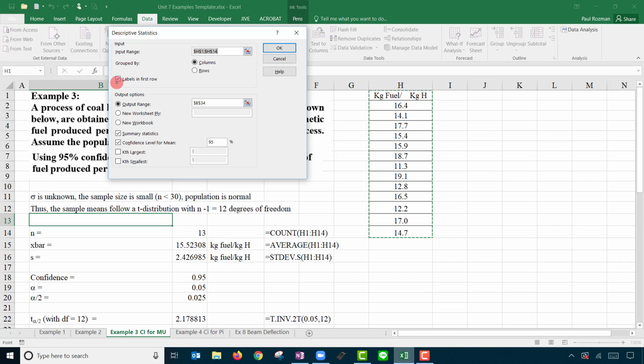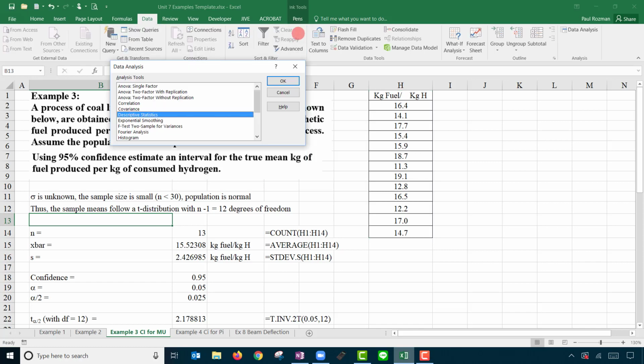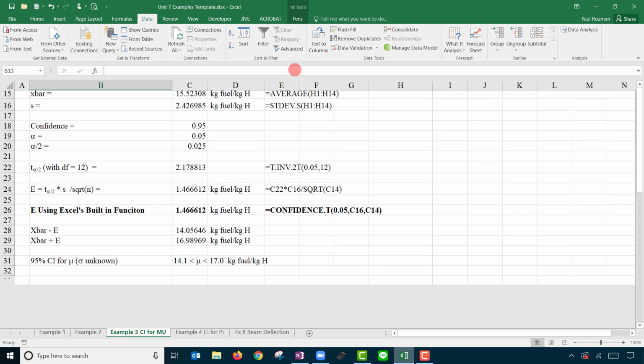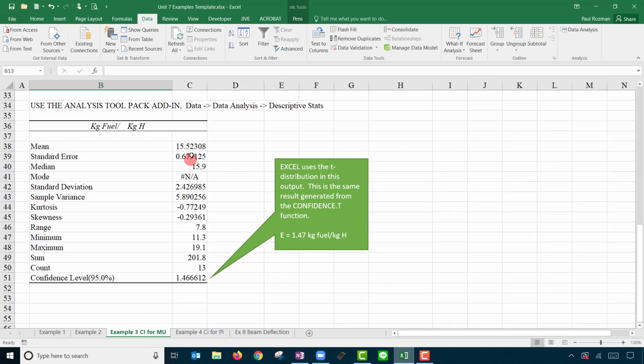So I had to tell it that I did that, so it didn't think that was one of the numbers. And then you have to remember to check a little box that says you want the statistics. I don't know why. And then the next box is, what confidence interval do you want? So if you wanted a 99% confidence interval, you just input 99 there. Or if you want 90%, input 90 there. And you click OK, and you get this as your output.